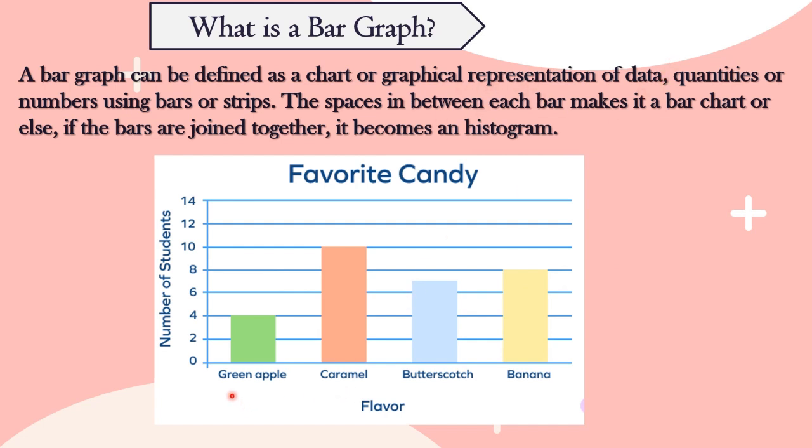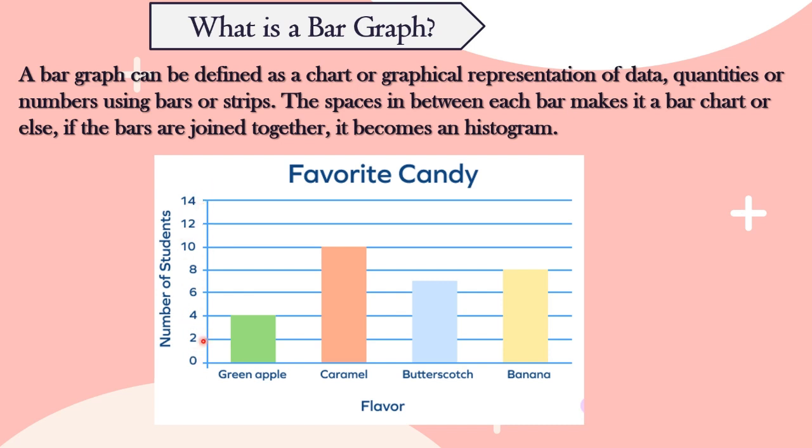Here we have data of favorite candies: green apple, caramel, butterscotch, banana candies. Now, when you have your data here on this horizontal line, on the vertical line, you have the number of students.